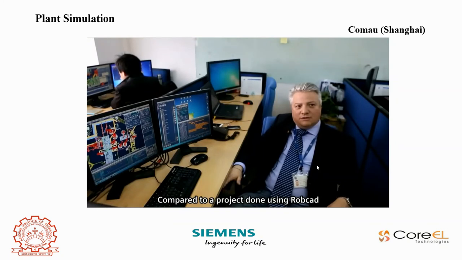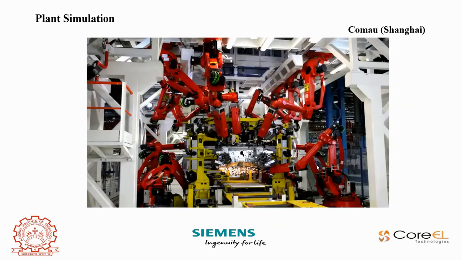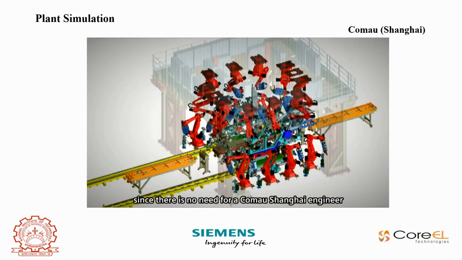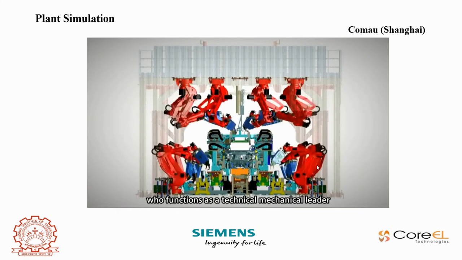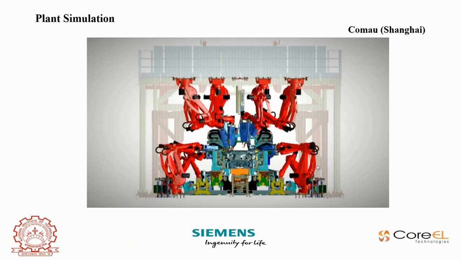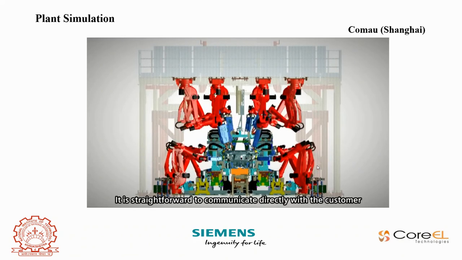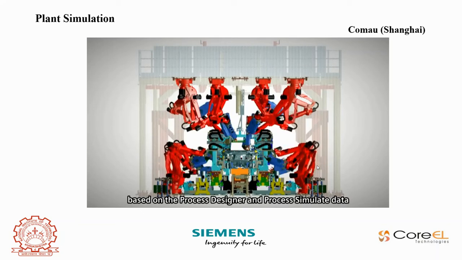Compared to a project done using RobCAD with Process Designer and Process Simulate, I see a clear saving in engineering manpower. Since there is no need for a Comau Shanghai engineer who functions as a technical mechanical leader to be involved in this communication. It's straightforward to communicate directly with the customer based on Process Designer and Process Simulate data.